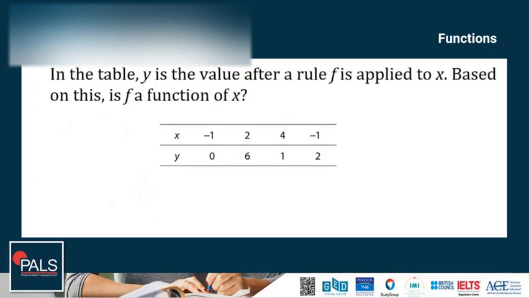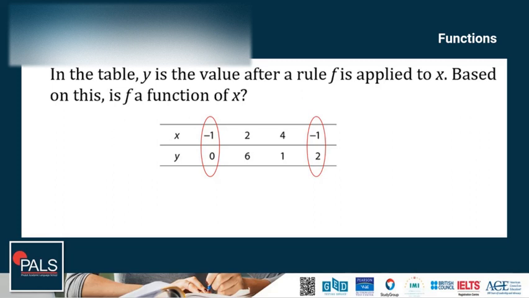In the table, y is the value after a rule of f is applied to x. Based on this, is f a function of x? Let's check. When x is negative 1, y is 0. Again, when x is negative 1, the value is 2.